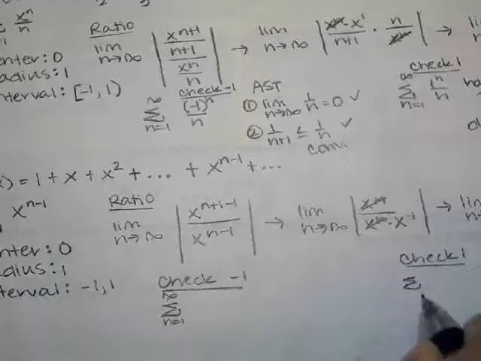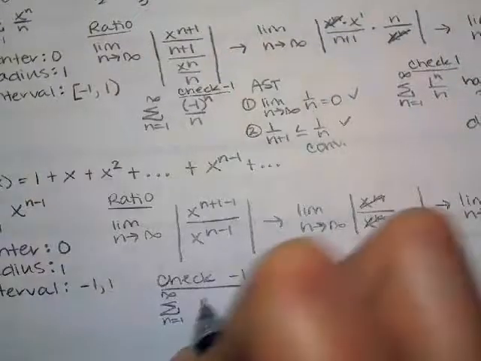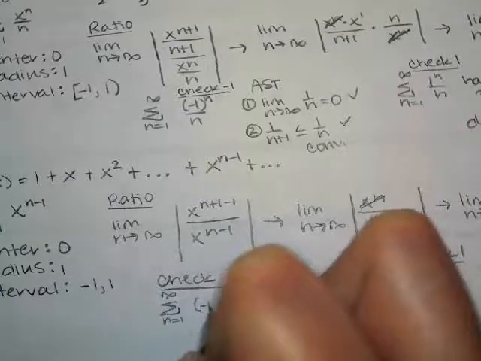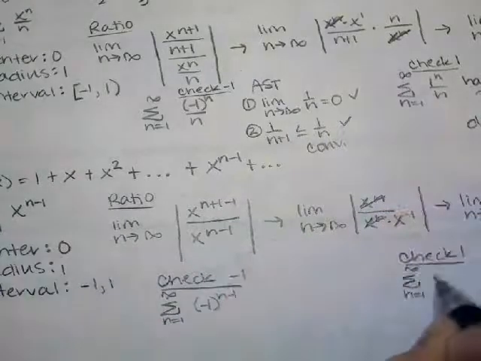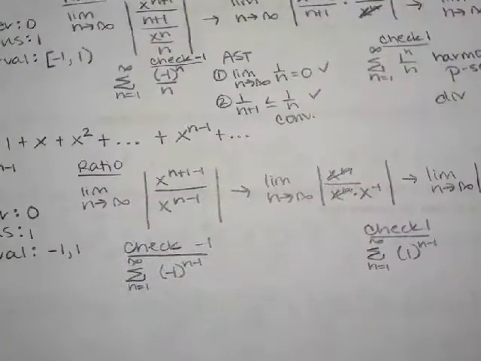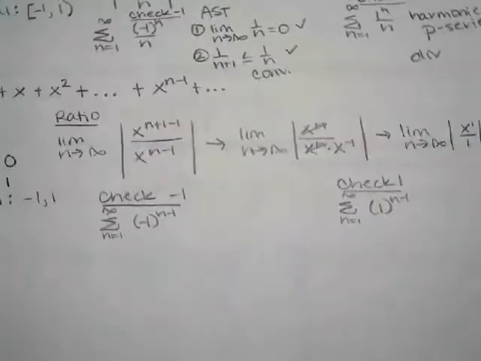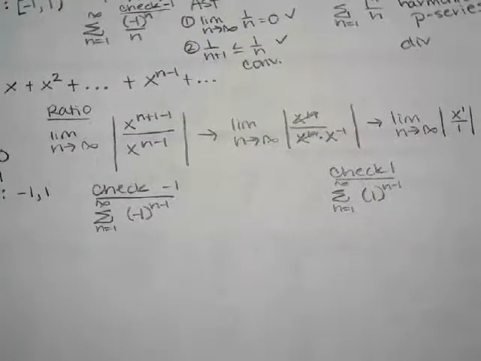And then what type of test could I do? Do nth term test. There's another test you could do. Do alternating series test for this one. What test could you also do for both of them? Geometric. Geometric would work for both of them because it's something to the nth power.